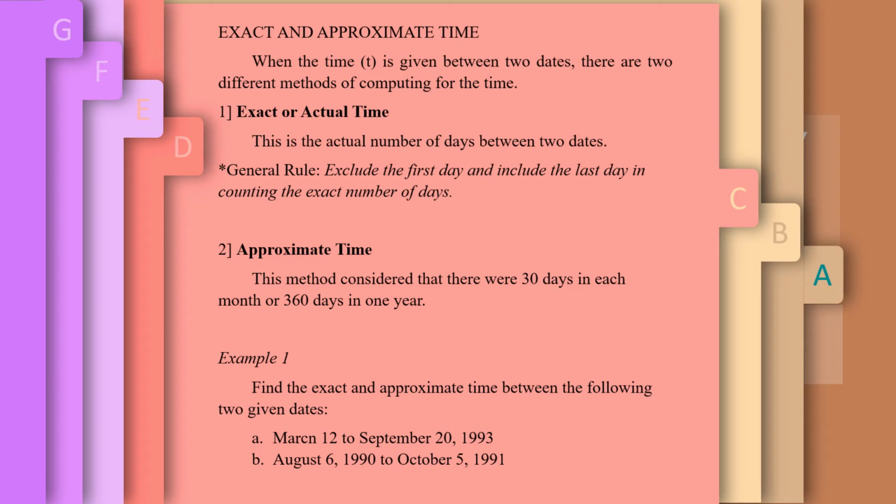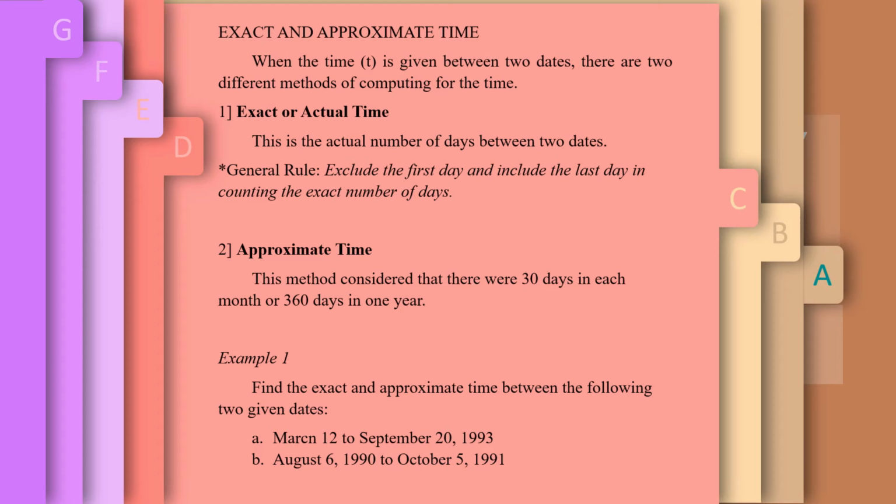While on the other hand, the approximate time is the method wherein we consider that there are 30 days in each month or 360 days in 1 year. Suppose we have an example in order for me to show you how to solve the exact and approximate time.